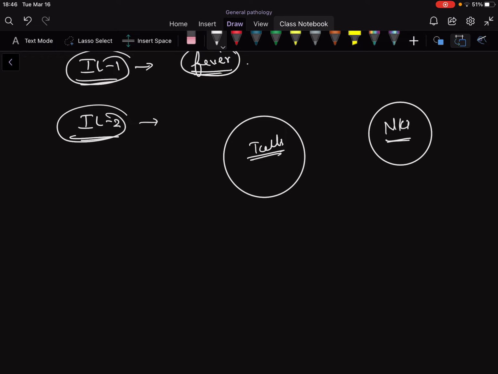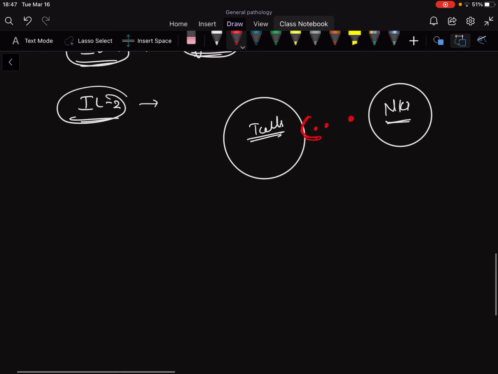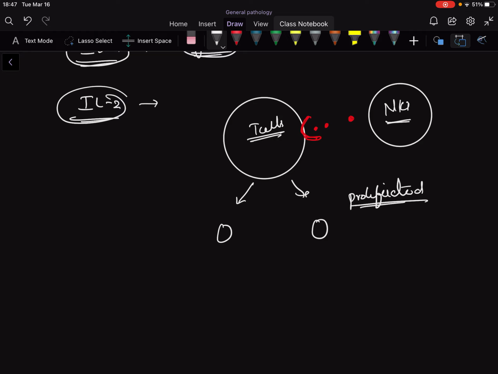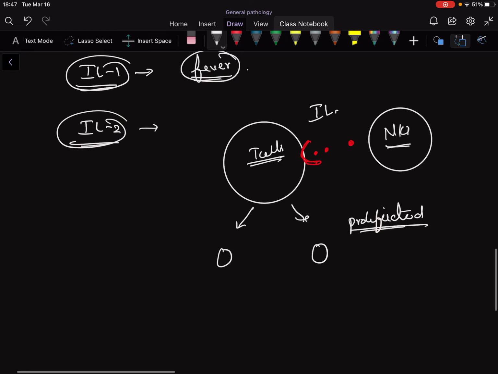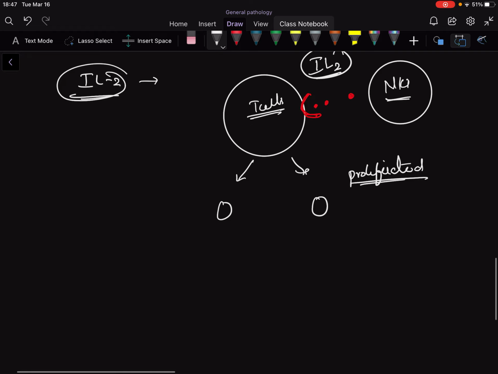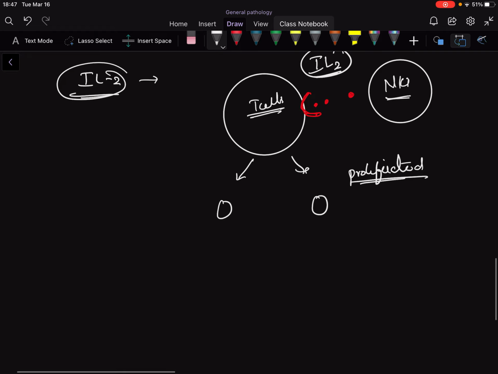Natural killer cells will produce some interleukins and these T cells will eat these interleukins. Once this T cell eats these interleukins, they proliferate. So here the interleukin is interleukin 2. Interleukin 2 helps in proliferation of T cells.